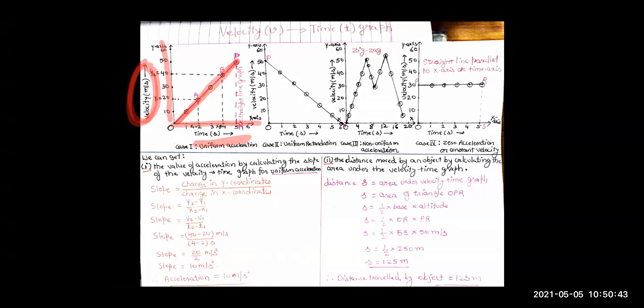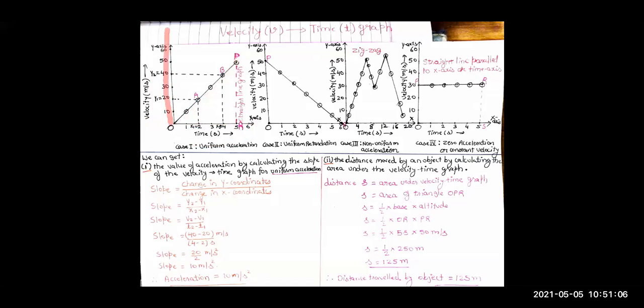From P you draw a straight line on the x-axis. Under the graph line, what shape is it forming? It is forming a triangle.